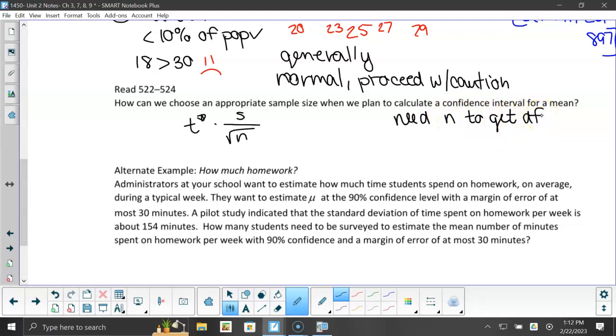So that does make life a little difficult. So instead, we pretend to know standard deviation, and we use Z instead. So this becomes Z star times S over square root of N. Because the only way for me to find T star on that chart from yesterday was you needed degrees of freedom.